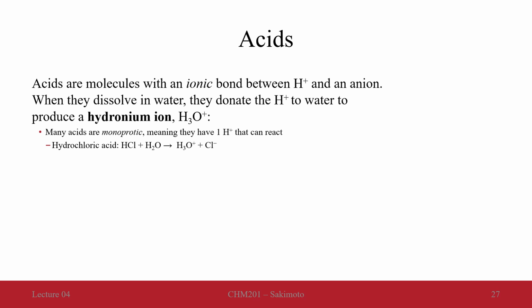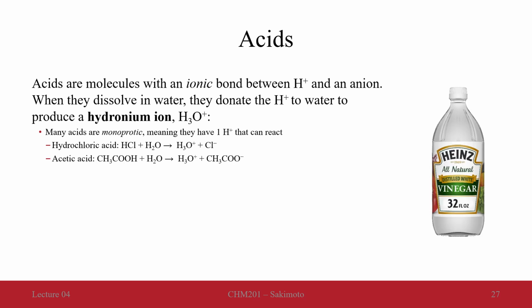Any acid that has effectively one H+ that it can donate, we call monoprotic: one proton, one H+. Things like acetic acid are also considered monoprotic acids. In this particular case, acetic acid only features one ionic bond between this hydrogen and the acetate anion.